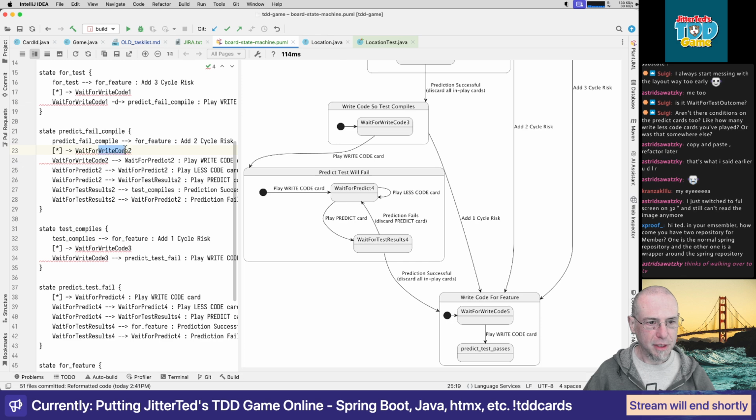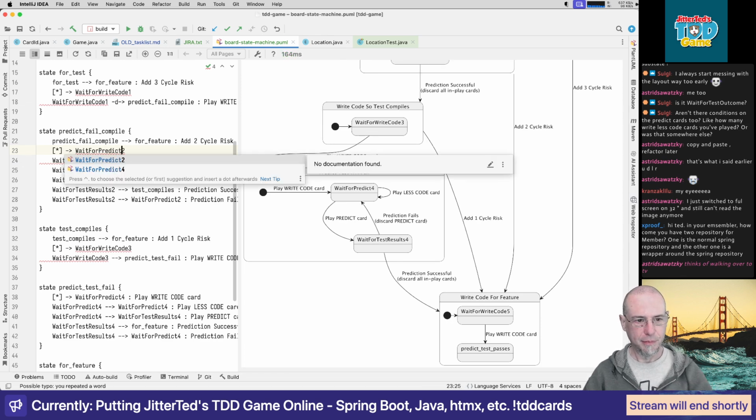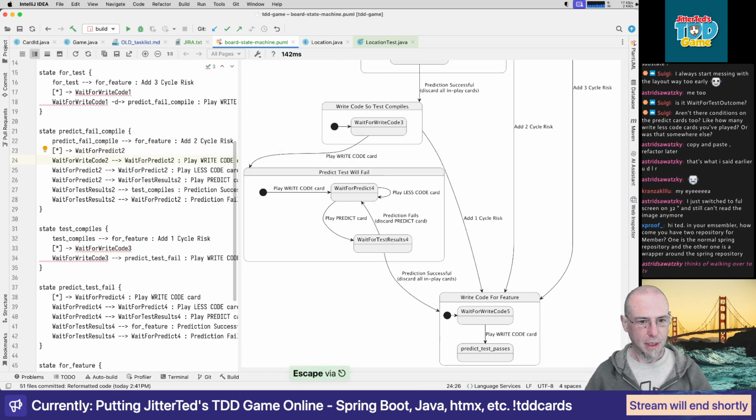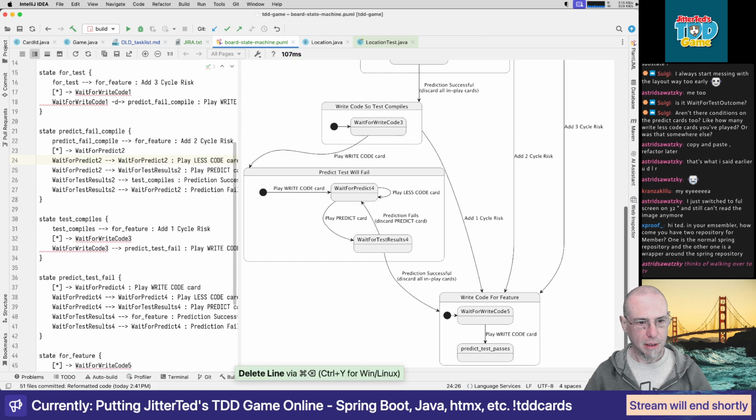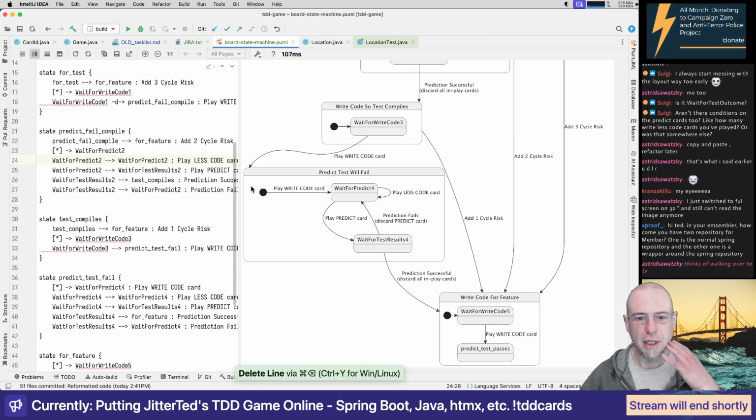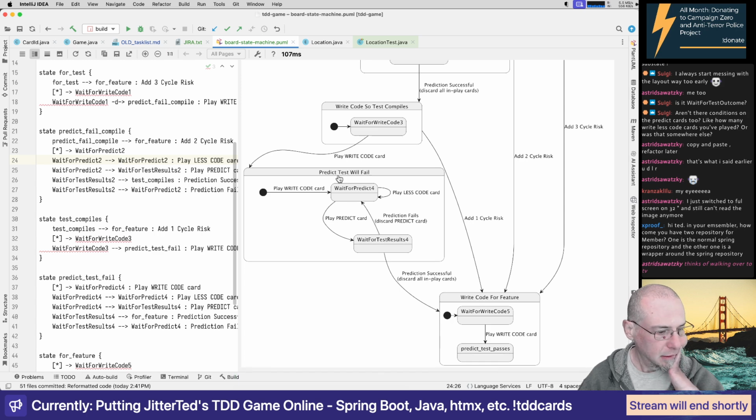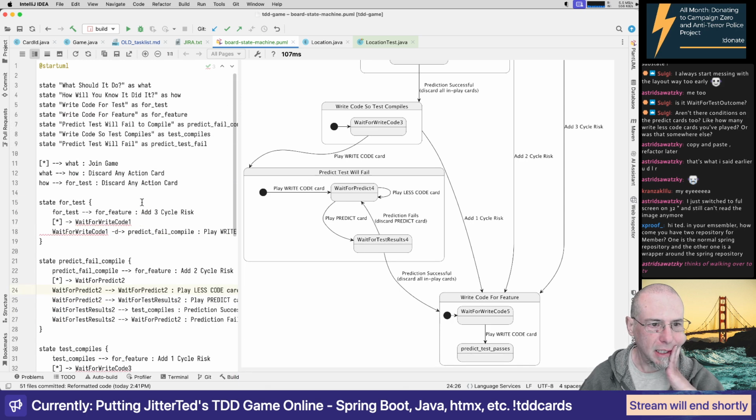So this is wait for predict. And then that goes away. Is that right? So we enter predict test will fail to compile.